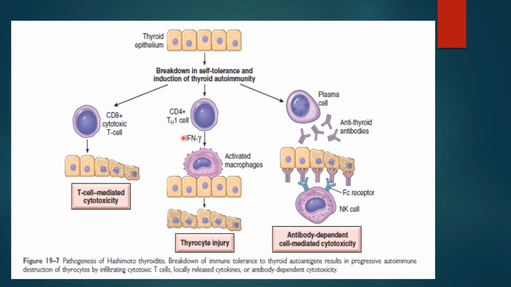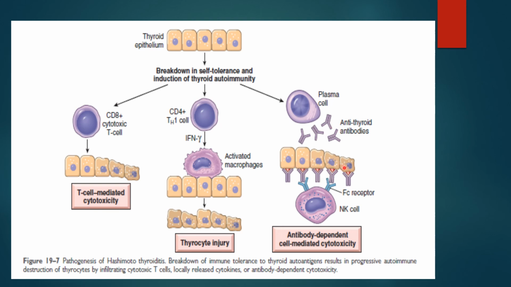On the other hand, the CD4 T helper cells cause the production of gamma interferon, which stimulates or activates macrophages, which destroy the thyrocyte cells, and in this way there is a destruction of the thyroid epithelium. The third and most important cause is that when autoantibodies form in the body, it causes production of plasma cells, which produce anti-thyroid antibodies.